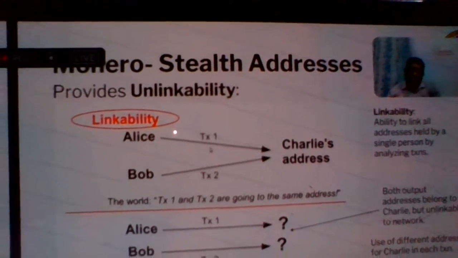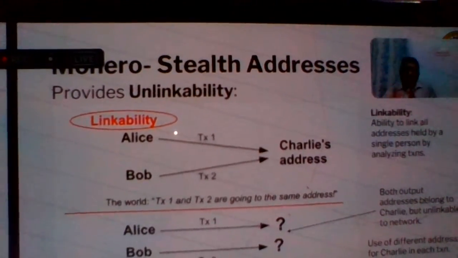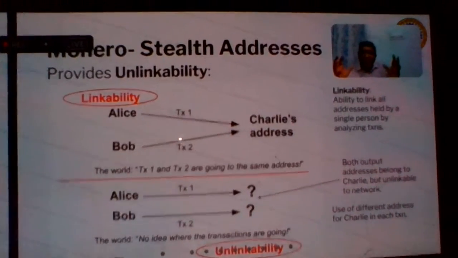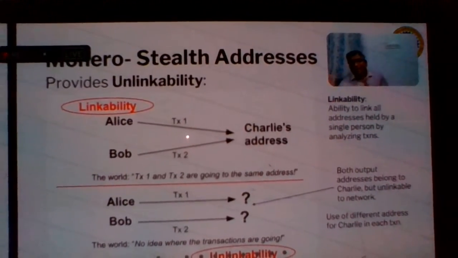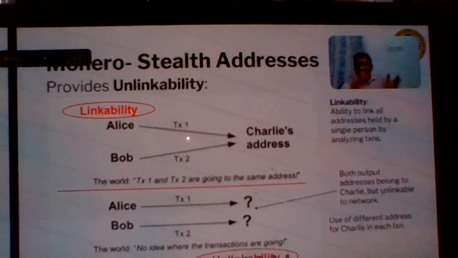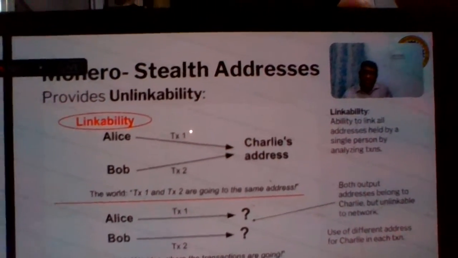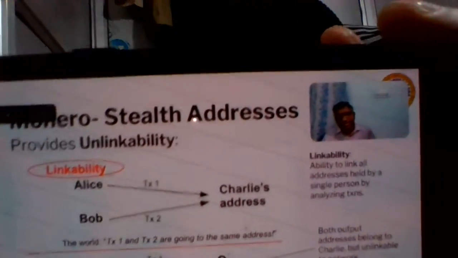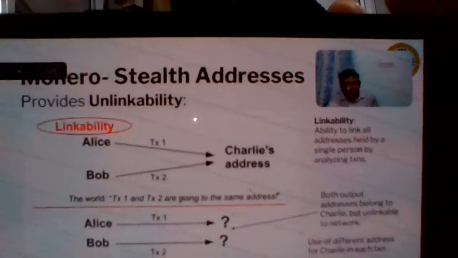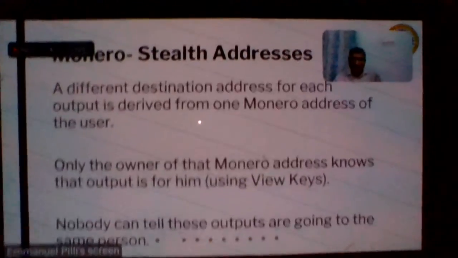But if you study Charlie's transactions, who is sending money to Charlie, they can understand that Alice, Bob and Charlie are linked. But if Charlie has different addresses for different people, Alice is sending to somebody, Bob is sending to somebody, but we don't know that it is the same Charlie. So this is one process: using stealth addresses, you can provide unlinkability.